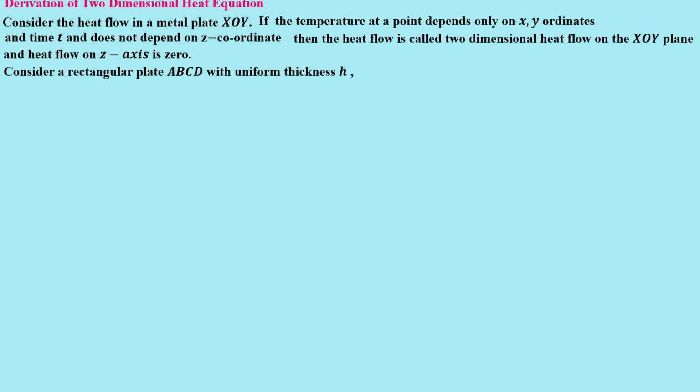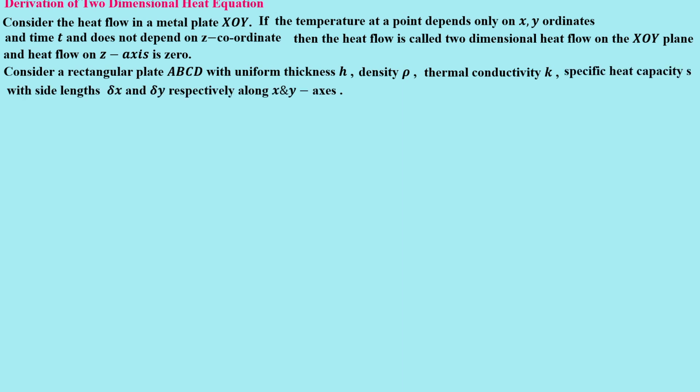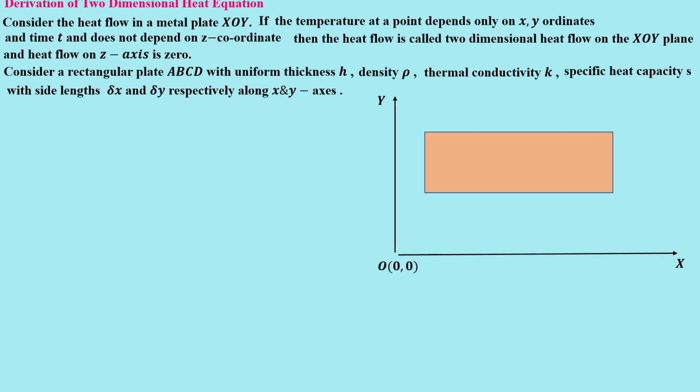Now consider the rectangular plate ABCD with uniform thickness h. So the thickness of the plate is h, the density of the plate is rho, the thermal conductivity of the particular material of the plate is K, and the specific heat capacity is small s, with side lengths we are taking as very small lengths, del x and del y respectively along the x and y axes. So the x axis, the y axis, origin 0, 0.